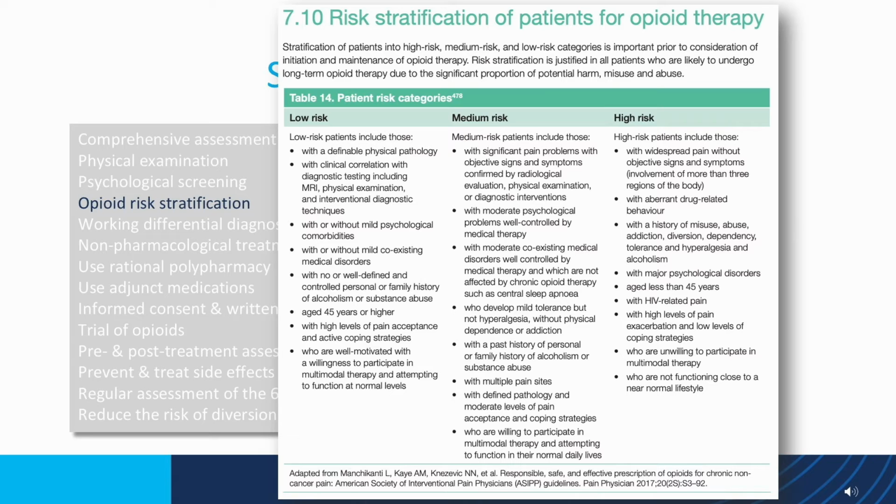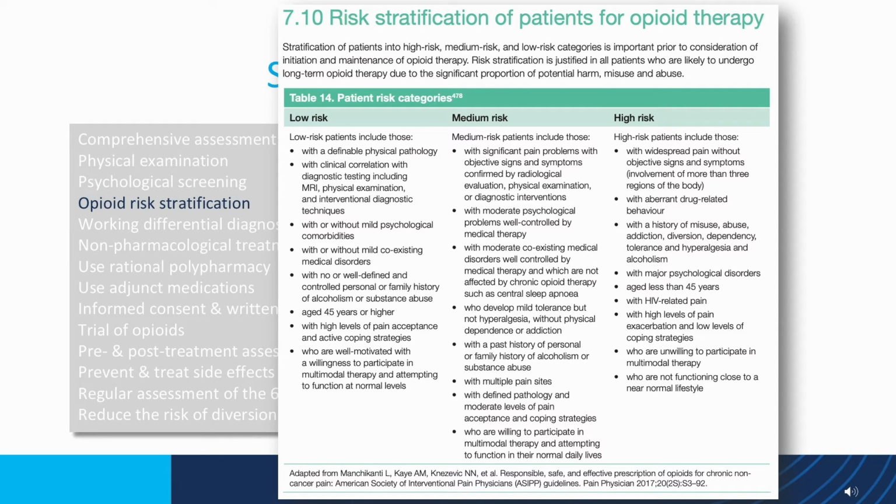They've got significant pain problems, they've got some psychological comorbidities, they've developed a little bit of tolerance but no physical dependence. There might be a past history of abuse, alcohol or substance use as well. They may have multiple pain sites. Moderate pain, moderate coping strategies, not coping just as well as you'd like.